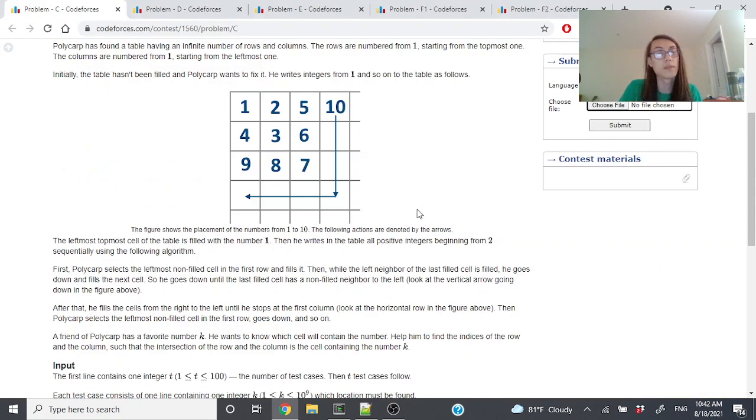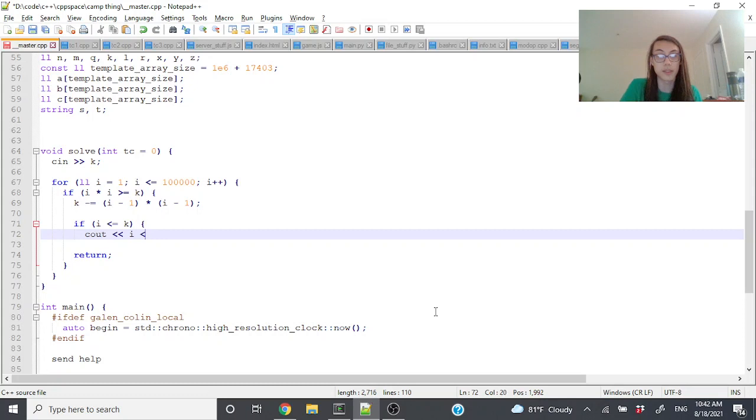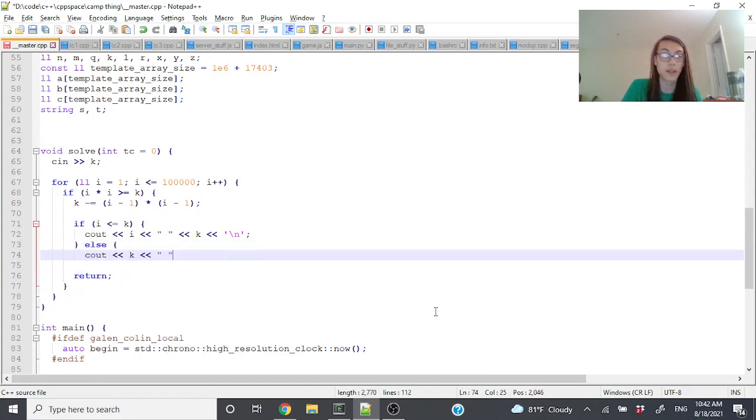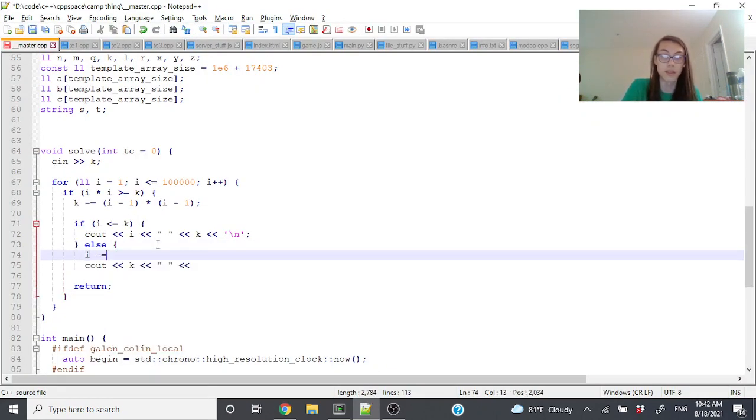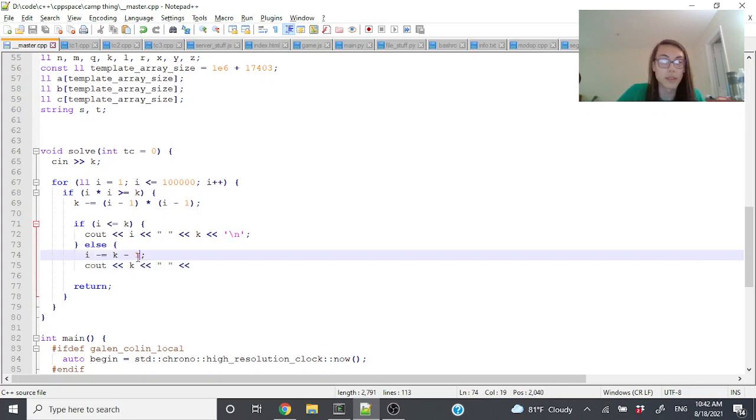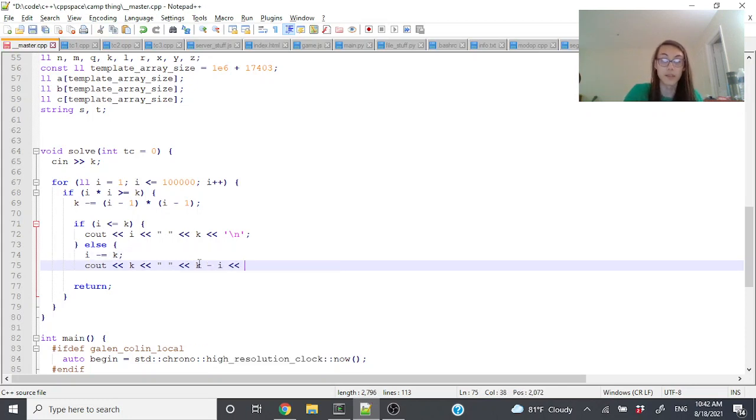Now the row, what? Okay, so the row is i. Else the column is k, and the row is like i minus equals k minus 1. Right, it's i minus equals k, and then it's k minus i.